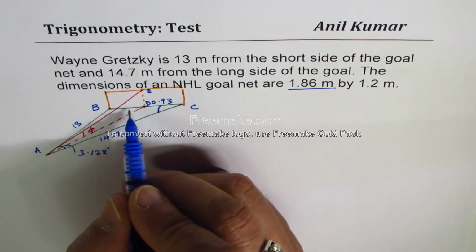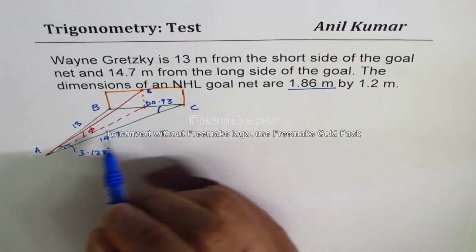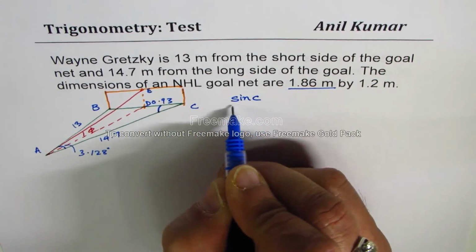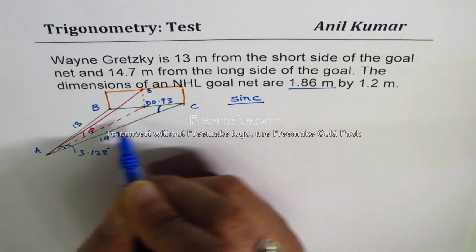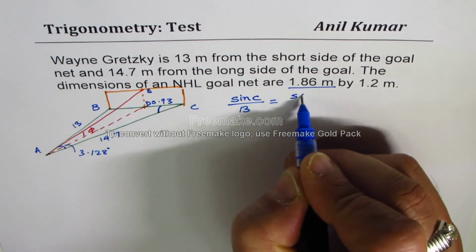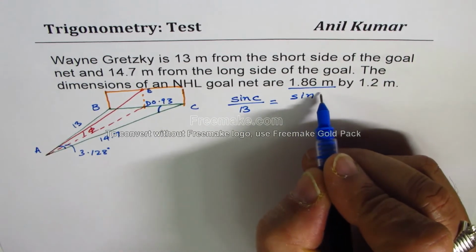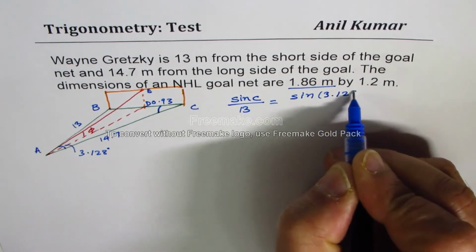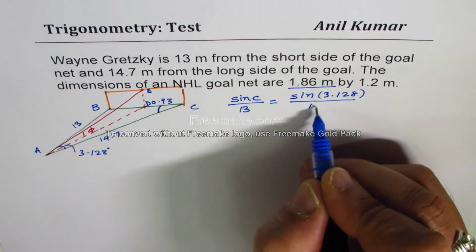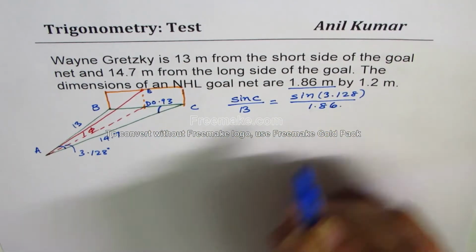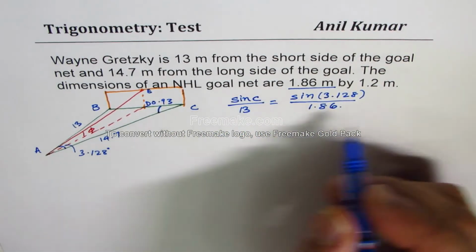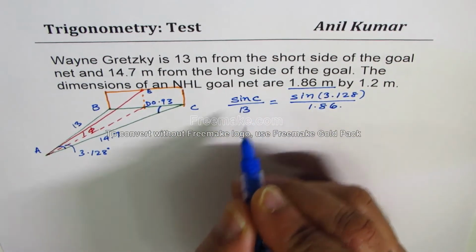So what we can do here is we can say sine C over the side opposite, which is 13, is equal to sine of the angle, which is 3.128. Let me take 3 digits as we found earlier, divide by 1.86, correct? So from here we can get what angle C is.